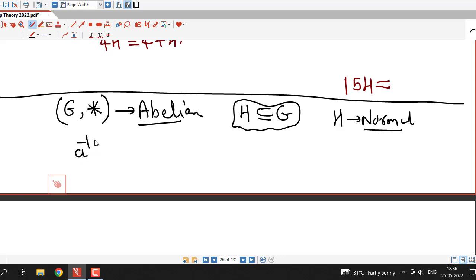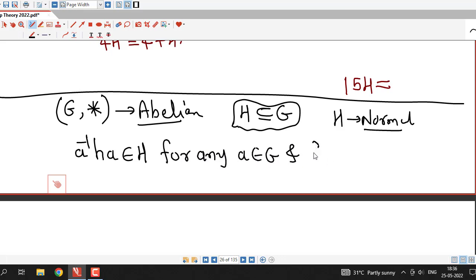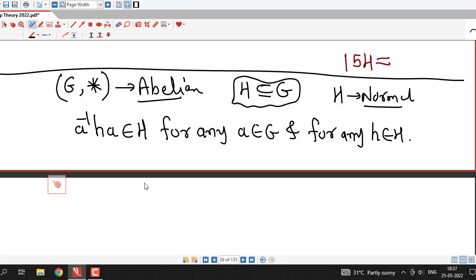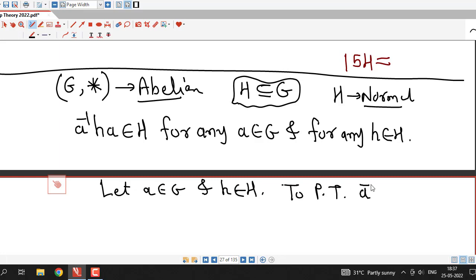We will prove that elements of the type A inverse h A are in H for any element A in G and for any element small h in capital H. So I will start by taking any element A in G. Let A be any element in G and h be any element in capital H, and I will prove that A inverse h A is also in capital H.